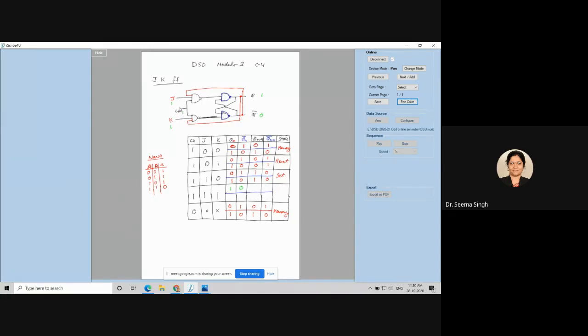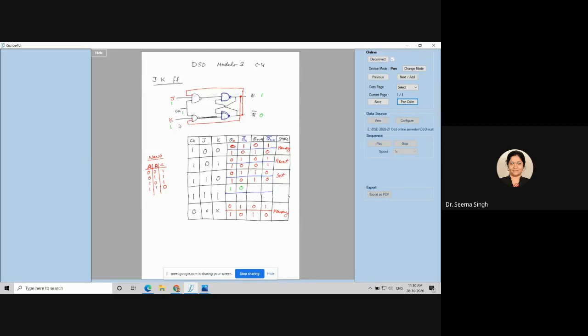When J and clock are 1 and K and clock are also 1, what you will see here is that the feedback of Q equal to 1 will go and make this output equal to 0. Can you see?